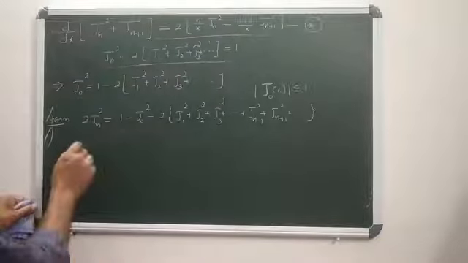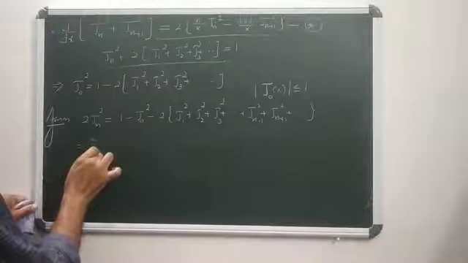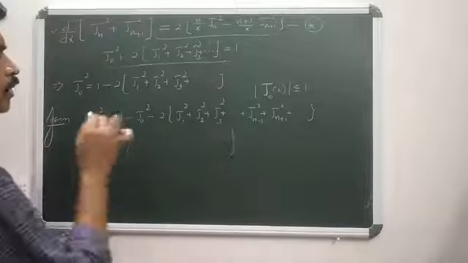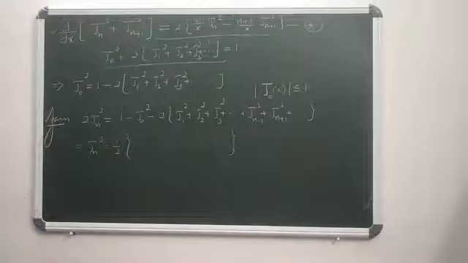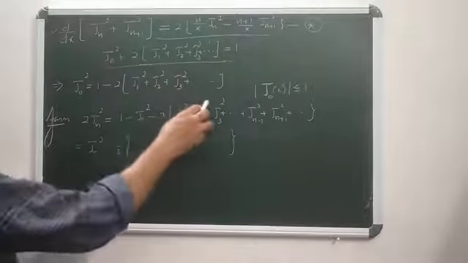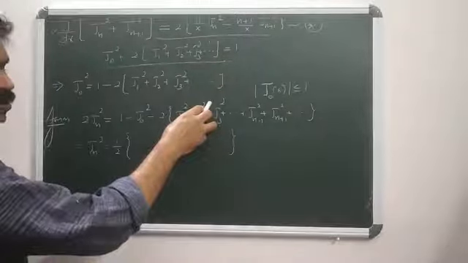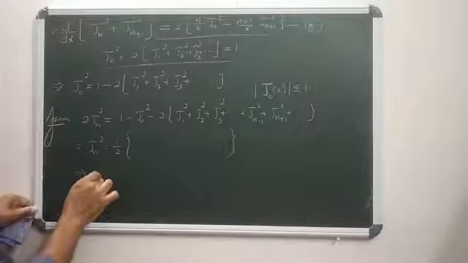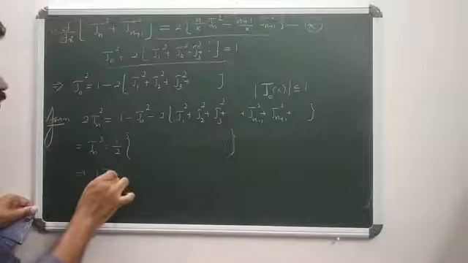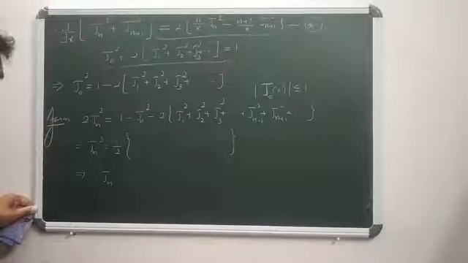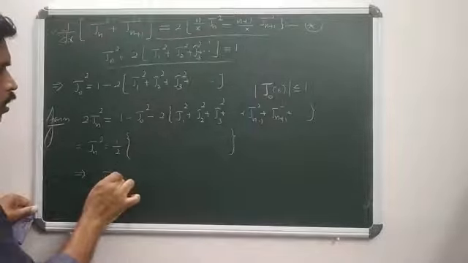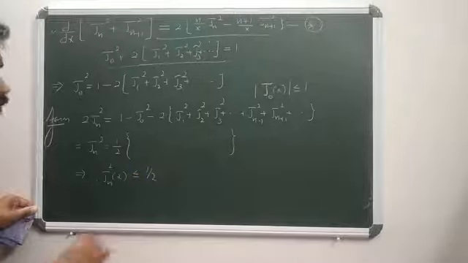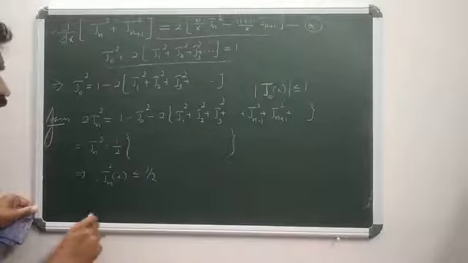Okay. So that means Jn square equals half of the term on the right side. Here Jx square is greater than or equal to 0. So clearly you can say that Jn x square, or Jn square, is less than or equal to 1 by 2. Why? Because Jx whole square is greater than or equal to 0.